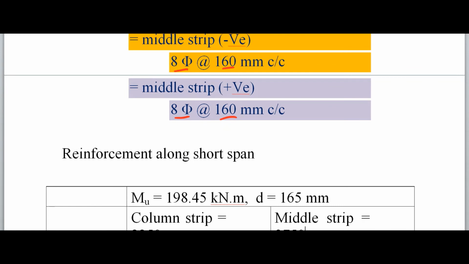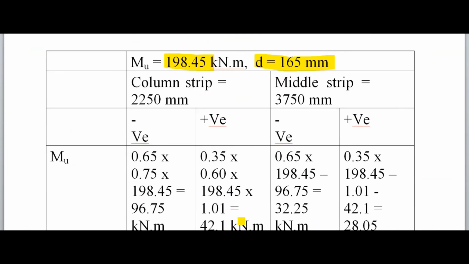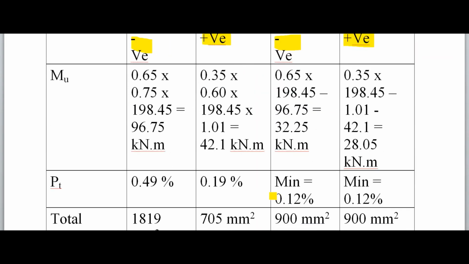Now we are going to design the reinforcement along the shorter span. Here Mu is 198.45 and effective depth is 165 mm. Width of column strip is 2250 mm, middle strip 3750 mm. Moment for the negative and for the positive. First we calculate for the column strip negative and positive: negative 0.65, positive 0.35. Then 75% on the column strip negative and 60% on the positive side.